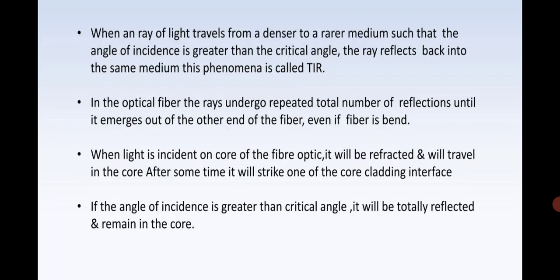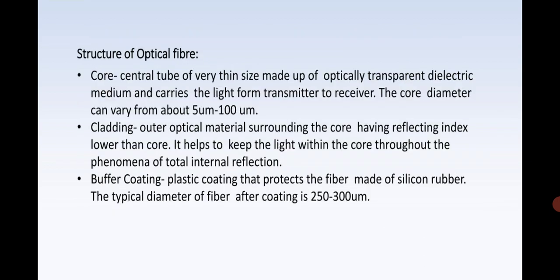In an optical fiber, rays undergo repeated total internal reflections until they emerge out of the other end of the fiber, even if the fiber is bent. When light is incident on the core of the fiber optic, it will be refracted and will travel in the core, and after some time it will strike the core-cladding interface.